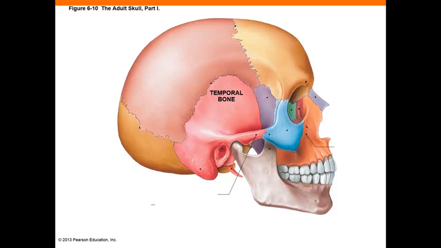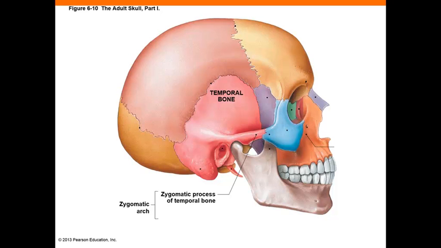A pair of temporal bones, one on each side of the cranium, are going to form part of the zygomatic arches and will house the ossicles of the middle ear. Squamous sutures are where the temporal bones meet the parietal bones. There are a few key bone markings on the temporal bone that I want to point out. First, here's the zygomatic process of the temporal bone that makes up one half of the zygomatic arch.